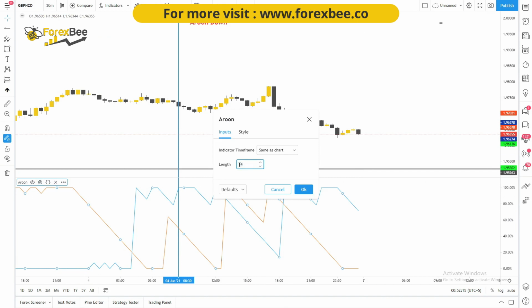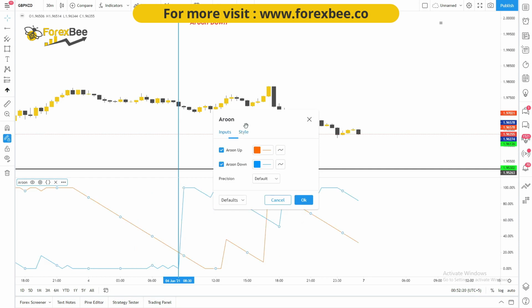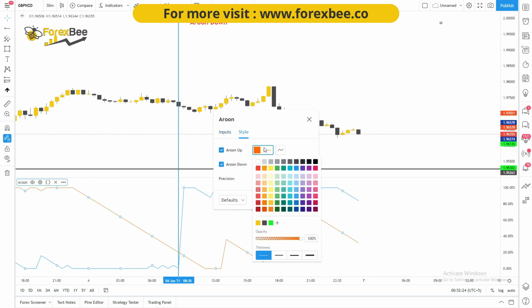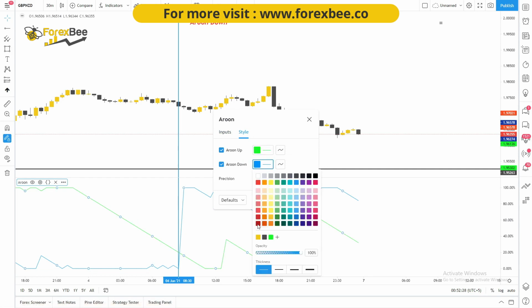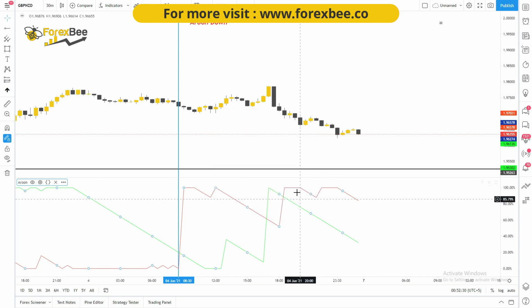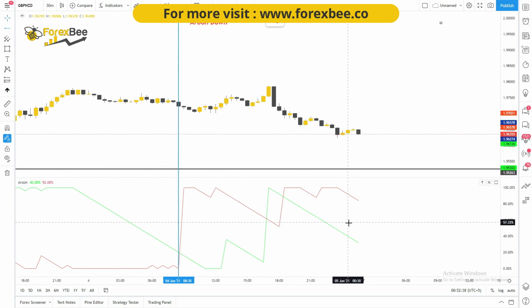Since I used 25, I'm going to change the length to 25, and I'm also going to change the Aroon Up and Down color. I like to use green for up and red for down. I'm gonna hit OK, and now at this candle we calculated the Aroon Up to be 36, right? Let me show you what the value is here.